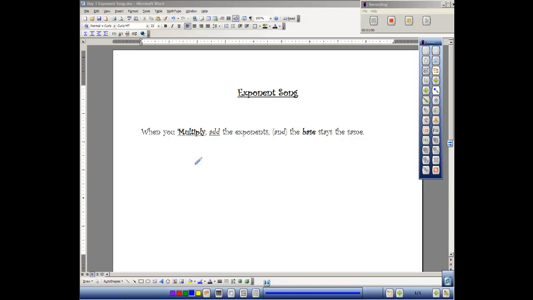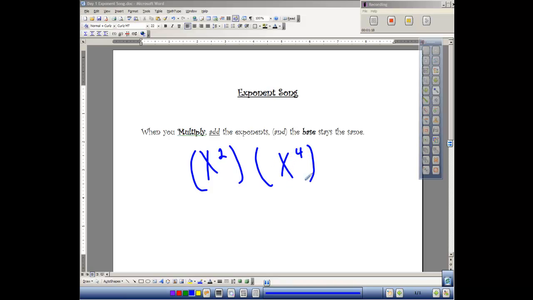Well, let's multiply. X squared times x to the fourth. When you multiply, add the exponents and the base stays the same. I have an exponent of 2 and an exponent of 4, and I'm going to add those together. 2 plus 4 equals 6, and the base stays the same.